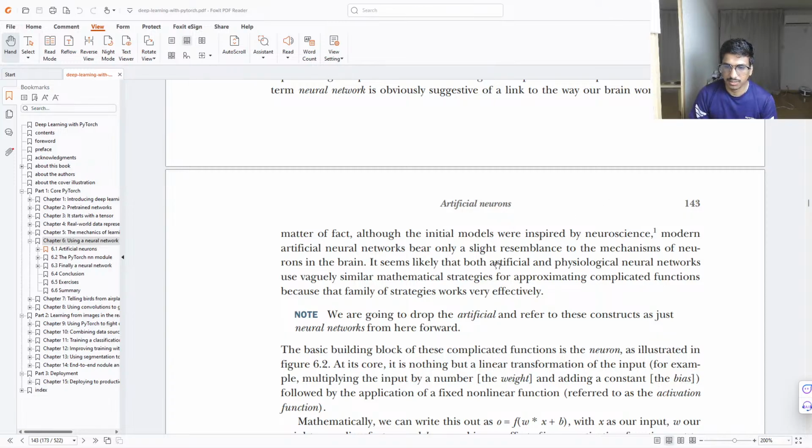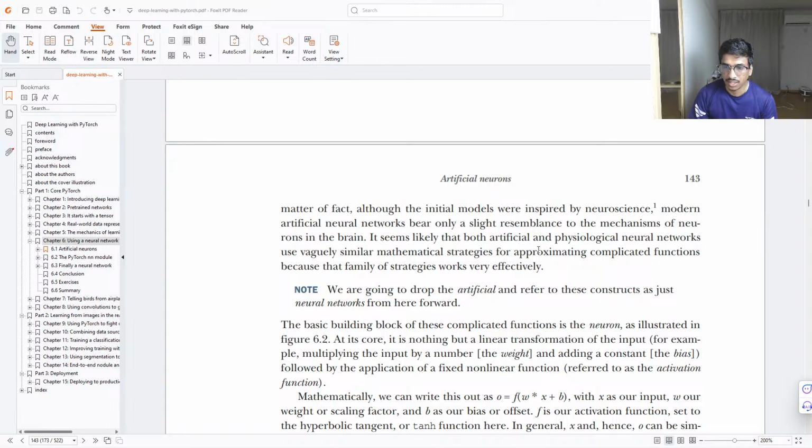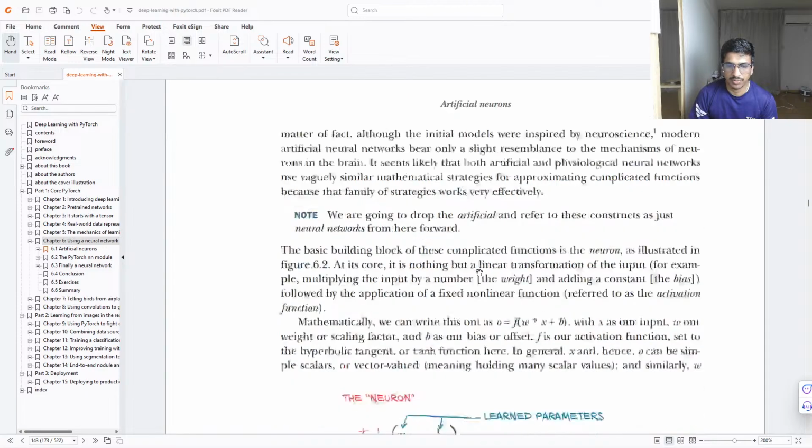It seems likely that both artificial and physiological neural networks use vaguely similar mathematical strategies for approximating complicated functions, because that family of strategies works very effectively. Note, we are going to drop the artificial and refer to the construct as just neural networks from here forward.